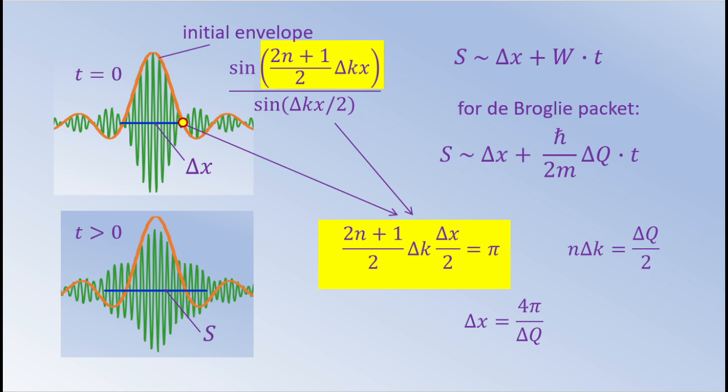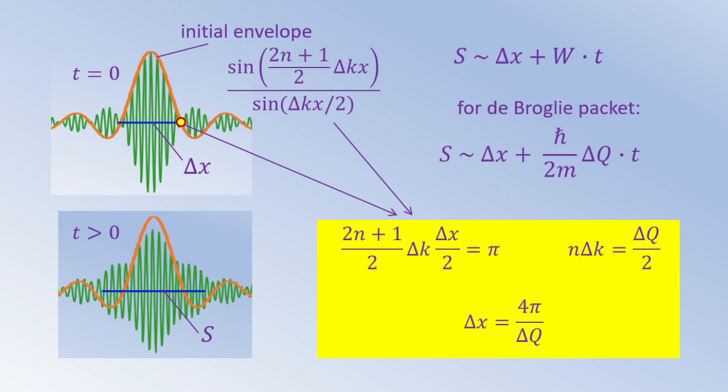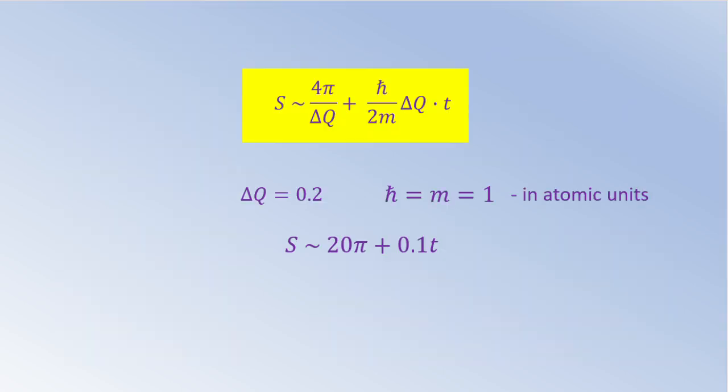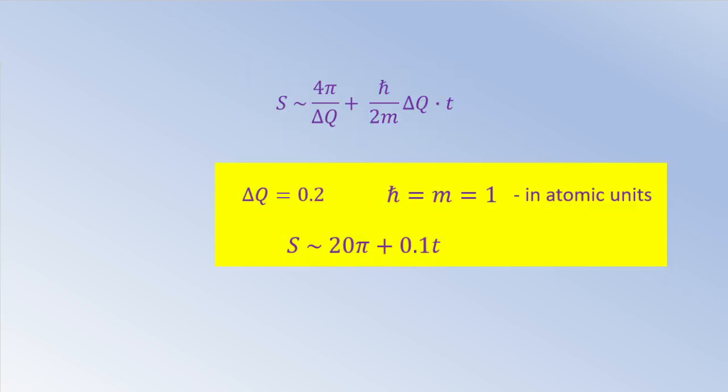If we assume that 2n plus 1 over 2 is approximately equal to n because n is large, and also take into account that n delta k is equal to half delta q, then we can get that delta x is equal to 4 pi over delta q. From here we can get that S is about 4 pi over delta q plus h bar over 2m times delta q times time t. In atomic units applicable in our case, we have S is about 20 pi plus 0.1 t.